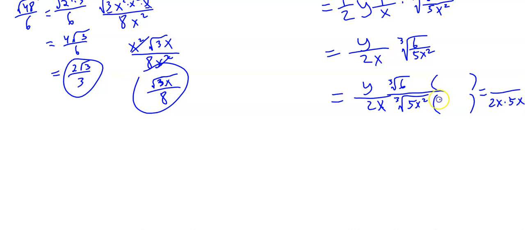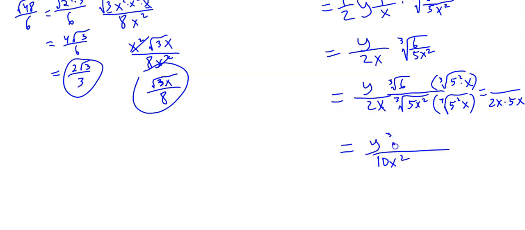So what do I need in terms of 5s? So I need 2 5s. How many x's do I need? I only need 1 x actually. So cube root of 5 squared times x. I'm running out of room there, so I'm going to write that down below. So I get, the denominator is just 2x times 5x is 10x squared. That's beautiful. The numerator, I've got a y.